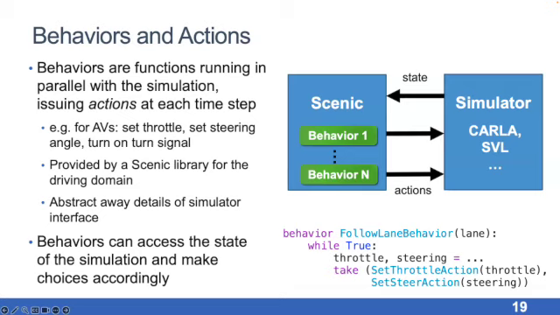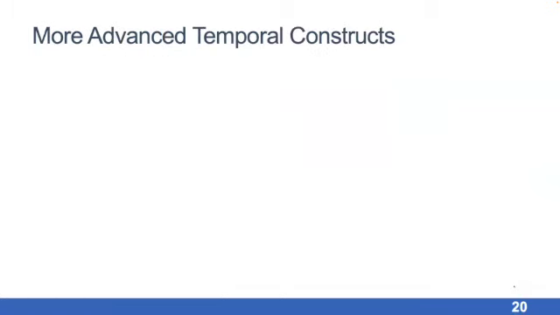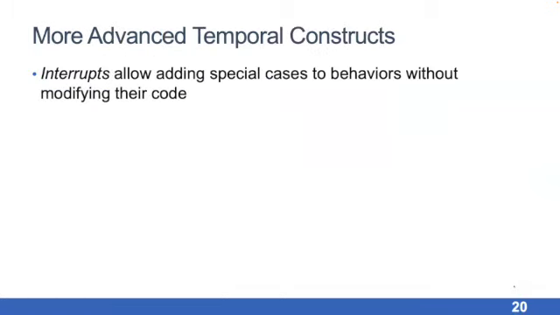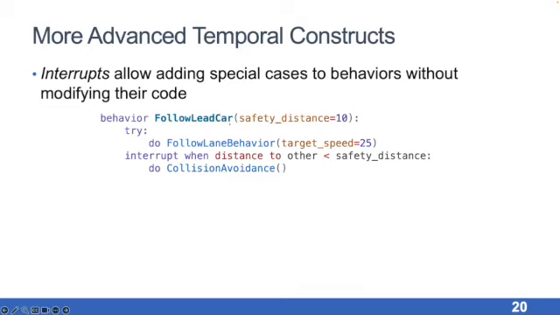Scenic has a bunch of other things you can do to make it easy to write more interesting behaviors. So for example, interrupts allow you to modify an existing behavior without having to actually get in and change its internal code. So here's an example of that. We could define a follow lead car behavior, which starts by doing this follow lane behavior that we saw before.